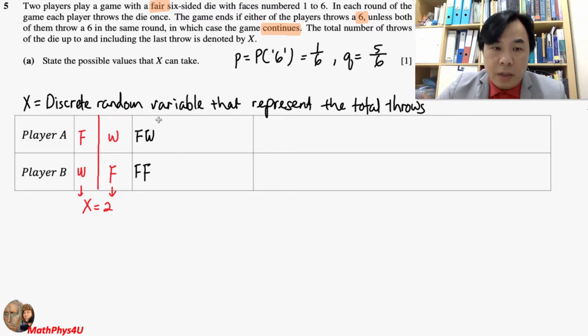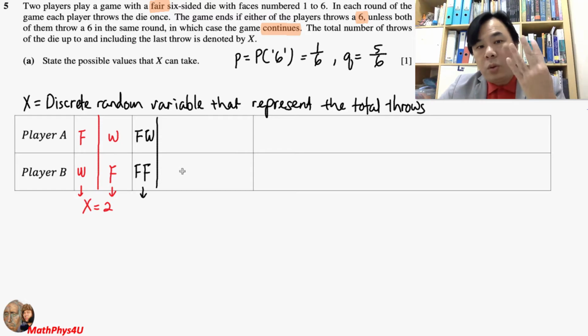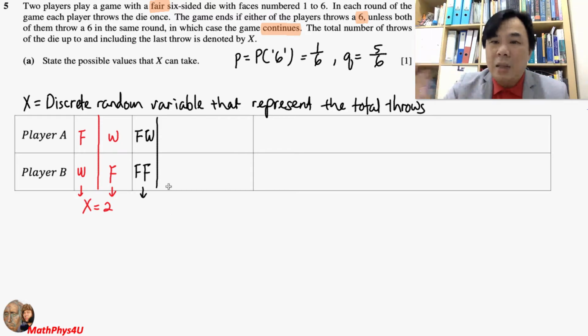And in this case, if you look at this properly, in total how many throws were involved in order to come to an outcome with a winner? So there are 4 throws. So the game ended with 4 throws. Is there any other possibility?